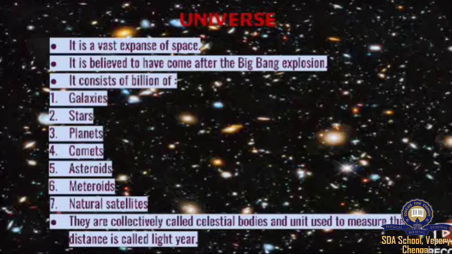And the universe consists of billions of galaxies, stars, planets, comets, asteroids, meteoroids, and natural satellites. They are collectively called the celestial bodies, and the unit used to measure the distance is called the light year.